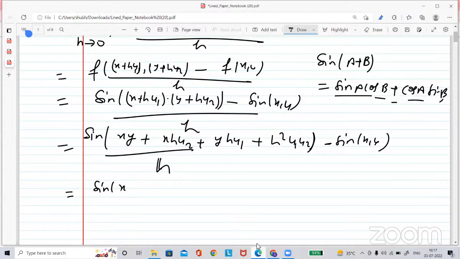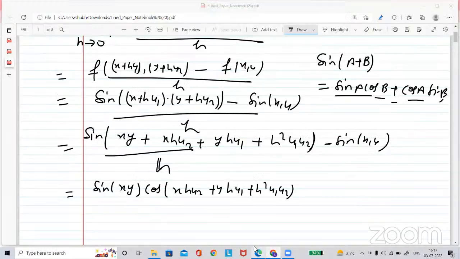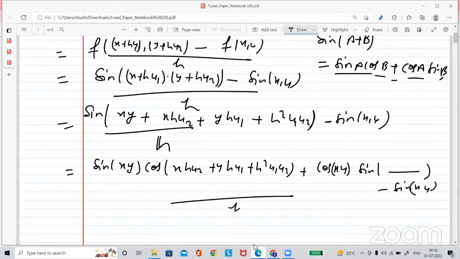Yes, that will be. So this is going to be sine xy cos of (x hu2 plus y hu1 plus h square u1 u2), and then plus cos xy sine of that bigger expression, minus sine xy, upon h.